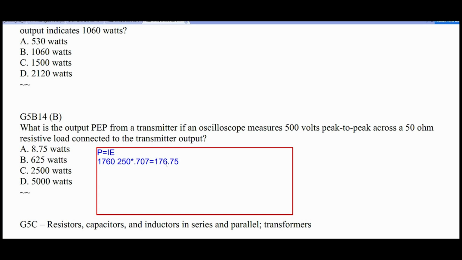So P, again, P equals 176.75. We don't know the current.